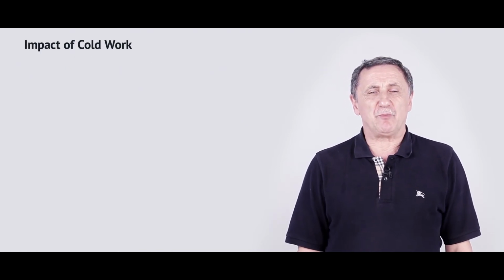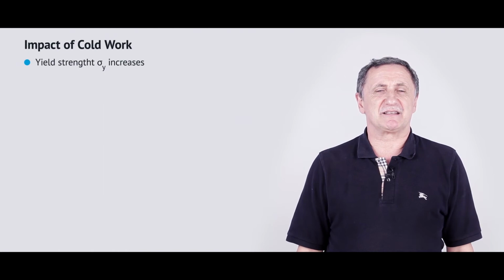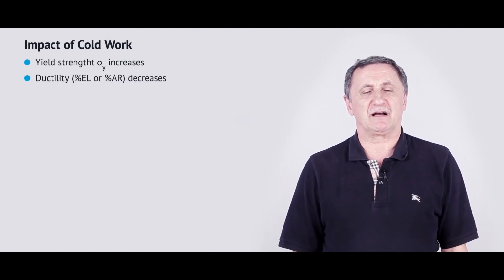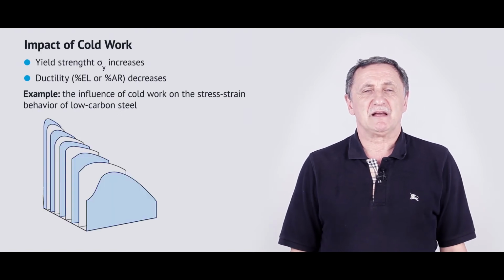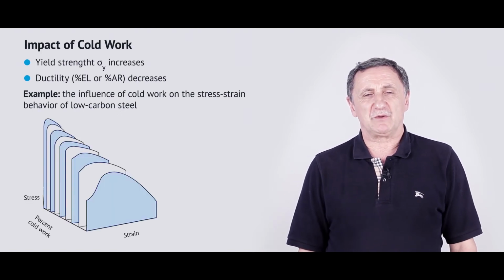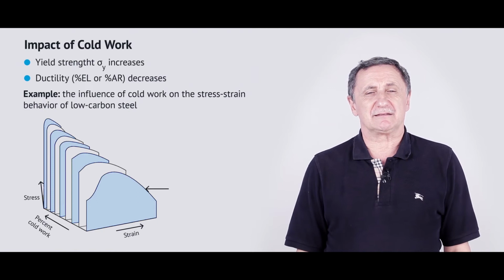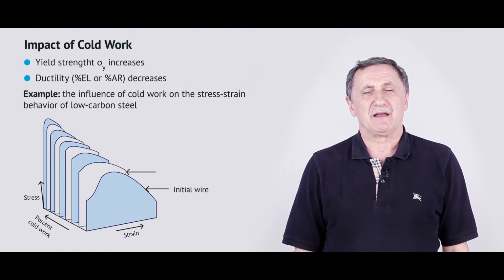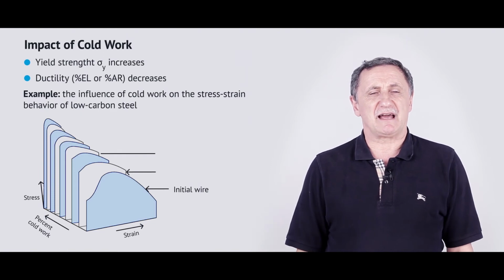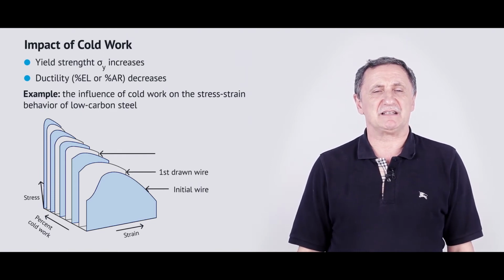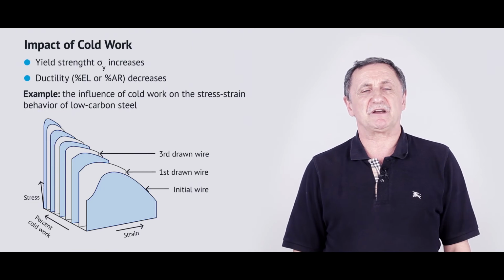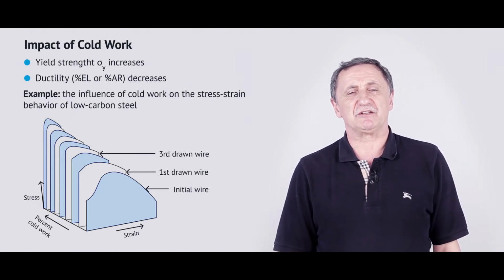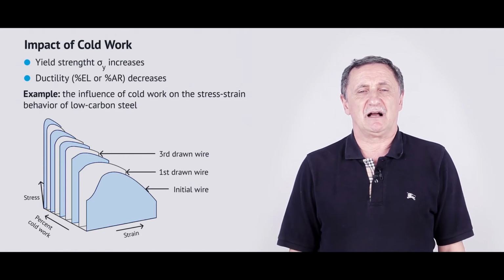So why is it so important, why do we discuss this issue in relation to controlling the grain size? Just for the reason that when we apply the cold work operation to our material different numbers of times, we will see on the stress-strain diagram that it leads to a significant increase of sigma y, as you can see on this screen, and a significant increase of tensile strength.